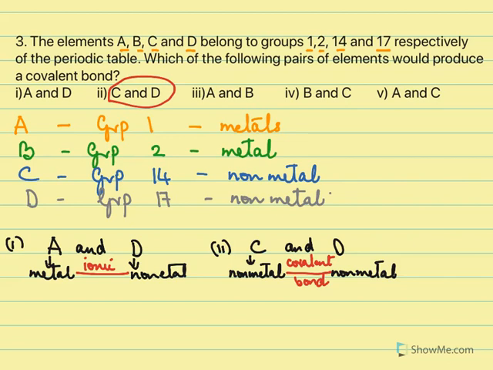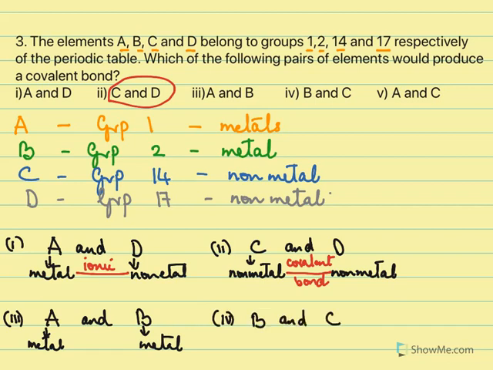Now, let's see in the others too. Third one is A and B. Now, A metal and B also metal. Definitely not covalent. Then next, we take the fourth one, B and C. B is a metal and C is a non-metal.